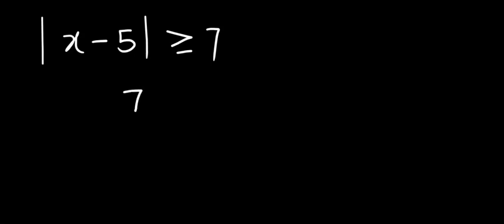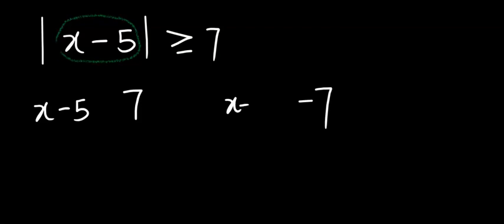We're going to write down 7 and negative 7. Now we're going to release this x minus 5, ask it to come out of the absolute value. You're going to be greater than or equal to the greater one, less than or equal to the lesser one.